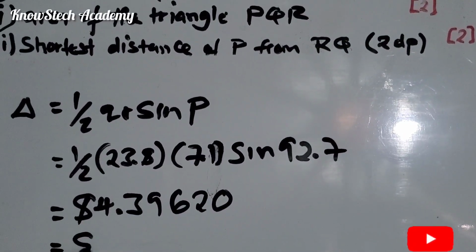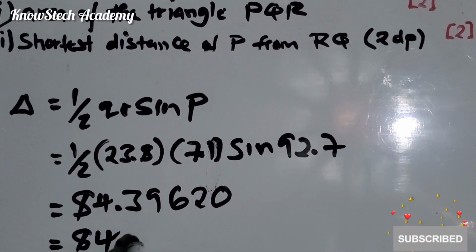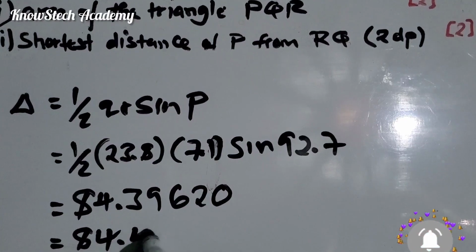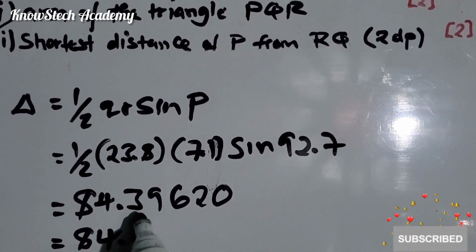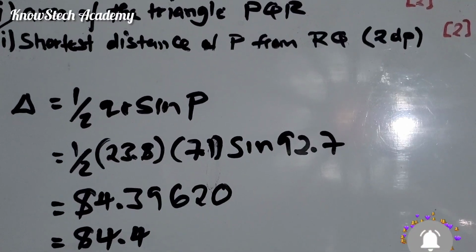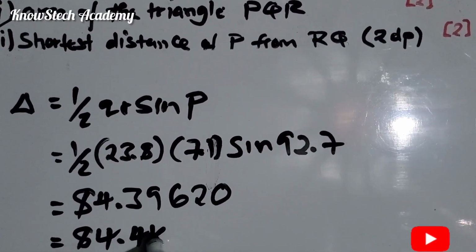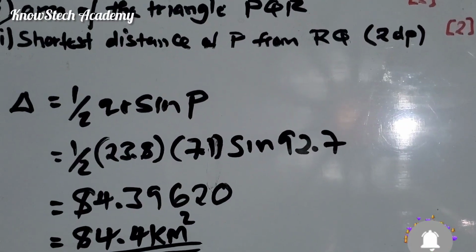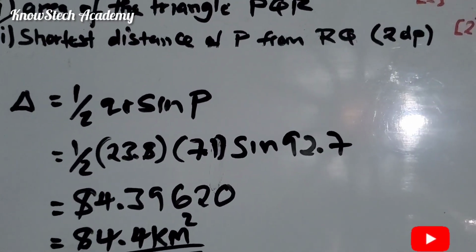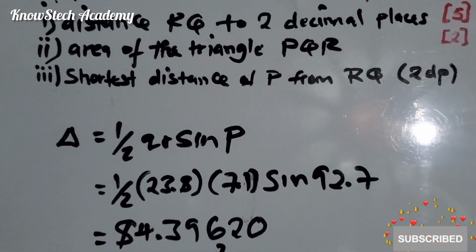So this one will be 84.4. Since it's area, it will be kilometers squared.